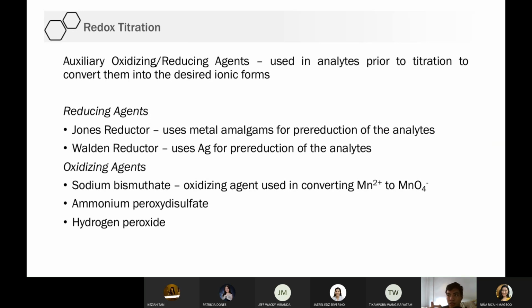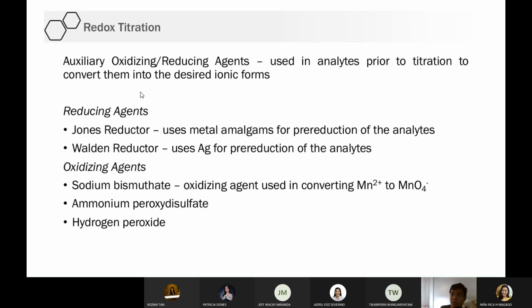But for redox reactions, you should add auxiliary agents first before you start titrating. What are these auxiliary agents? These are used in analytes before titration to convert them into their desired forms. The problem with redox titration is that even air can influence the reaction. Even air can oxidize the chemicals in your container.